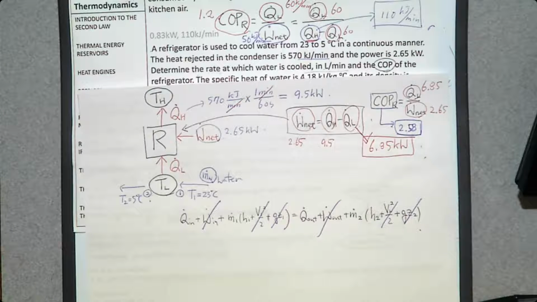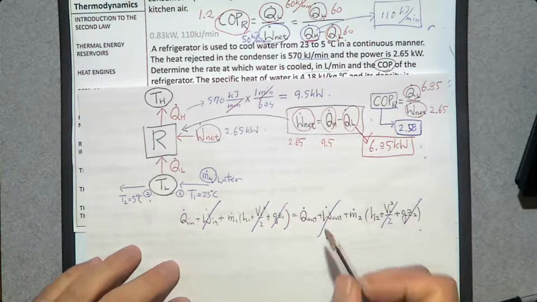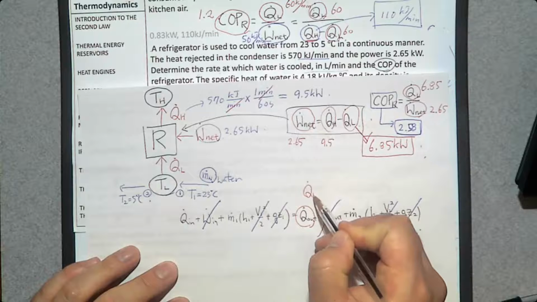Yes, water is losing heat. How do we know it's losing heat or absorbing heat? Look at the direction of heat transfer, going outside. So heat is being lost from this water. So this Q dot L, is it Q in or Q out? Q out, yes. So this one is Q dot L.